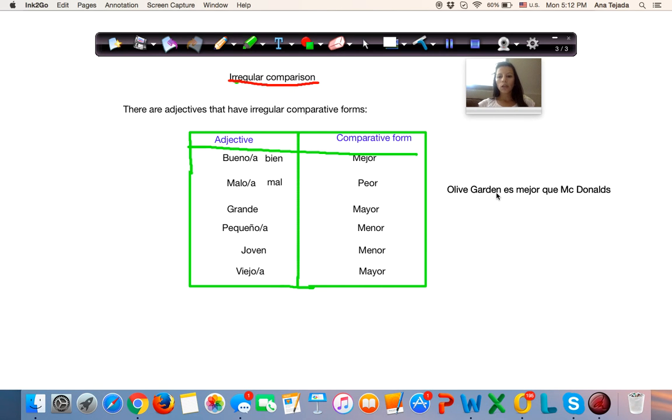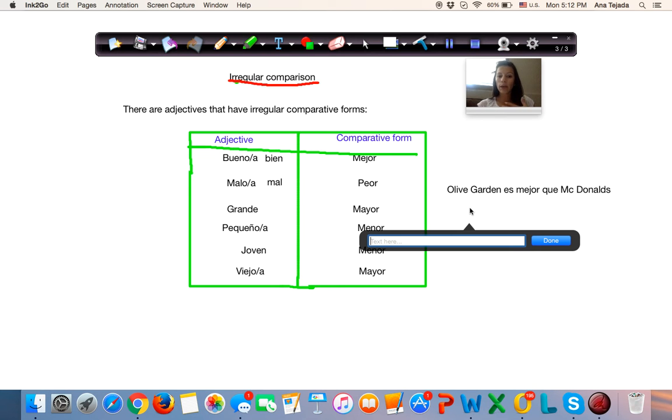Okay. So in Spanish, it's not right to say es más bueno or más bien. Instead of this, we're going to use mejor. So it's incorrect to say más bien or más mejor. Instead of that, we're going to use the irregular. That's why they're called irregular, because they are going to change when you do the comparison. Es mejor que McDonald's.